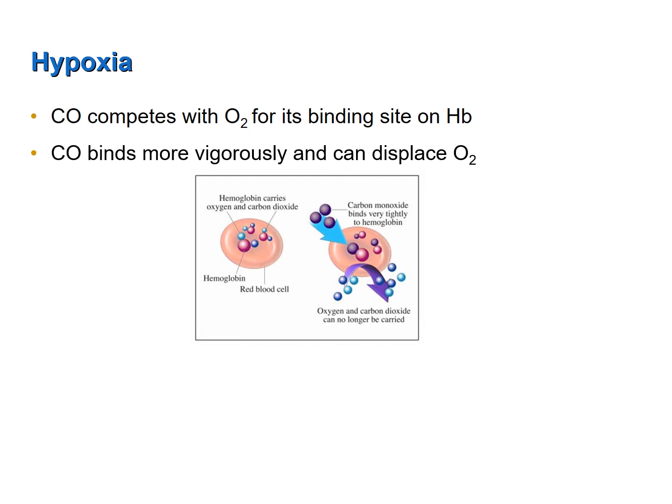And the danger of carbon monoxide is it's odorless, it's colorless, and if you are asleep, your body will not respond to it. So in other words, you will not be aroused from sleep because oxygen levels drop in your blood as a result of an increase in carbon monoxide. So you can die in your sleep of carbon monoxide poisoning.